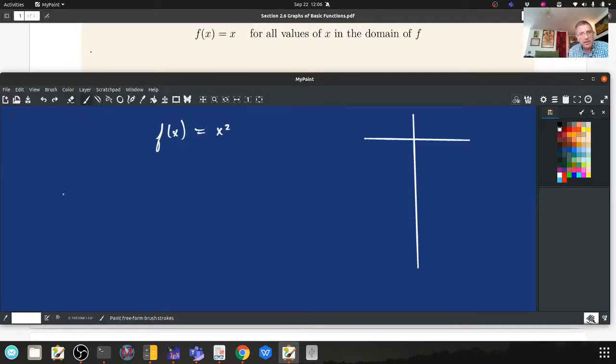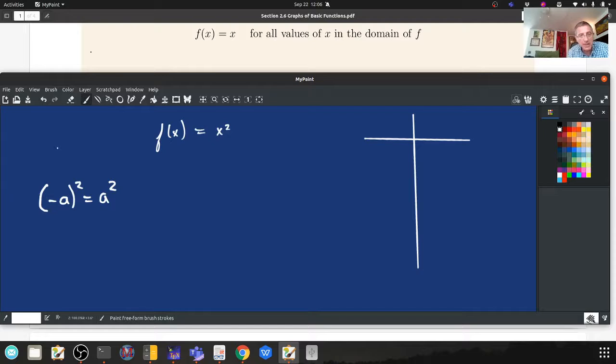So what we want to notice is that for any number a, minus a squared is the same as a squared. So that's a really important property of a function that I will introduce you to later.